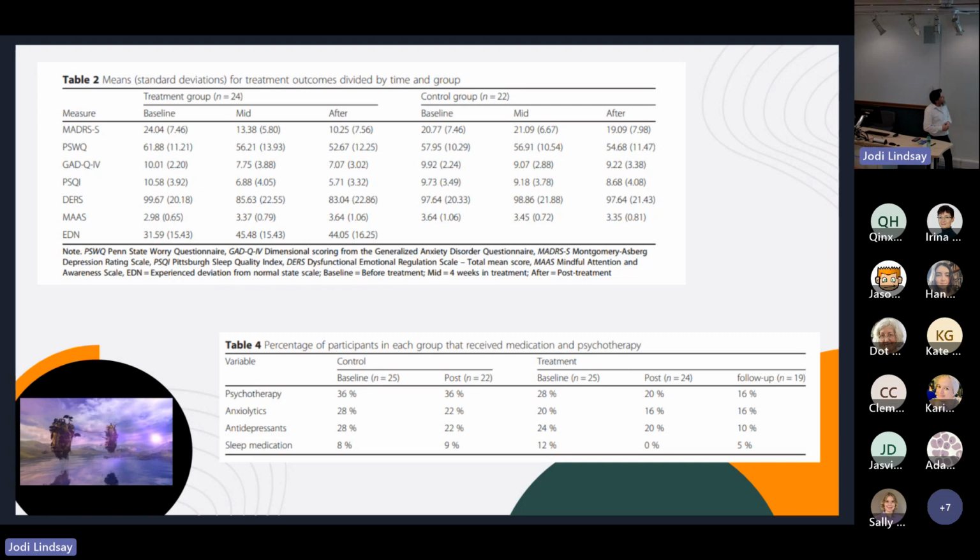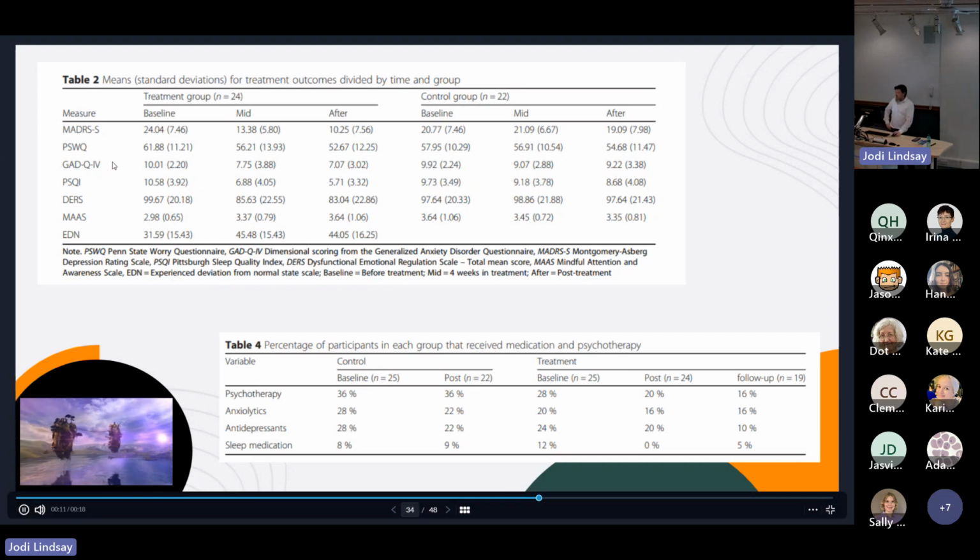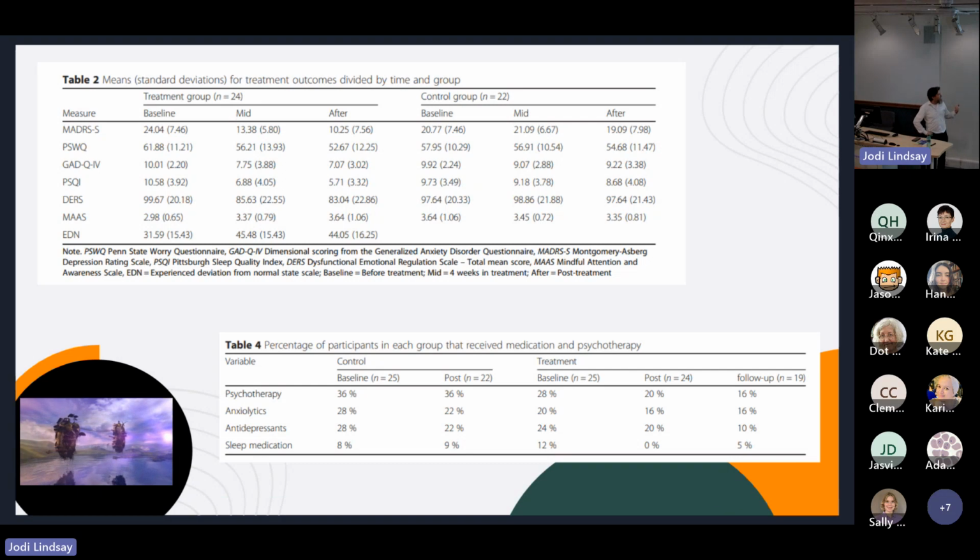And what you can see here is that the baseline was 10, and it went down to 7, whereas in the control group the baseline was 9.9 and went down to 9.2. They did a follow-up after 6 months, which showed that they actually got even better. It went down to 6, which is quite amazing.